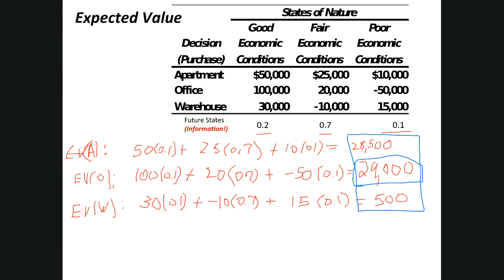So as we've done before, our decision would be the office, and the expected value of the office is 29,000. So we choose the maximum of these values.